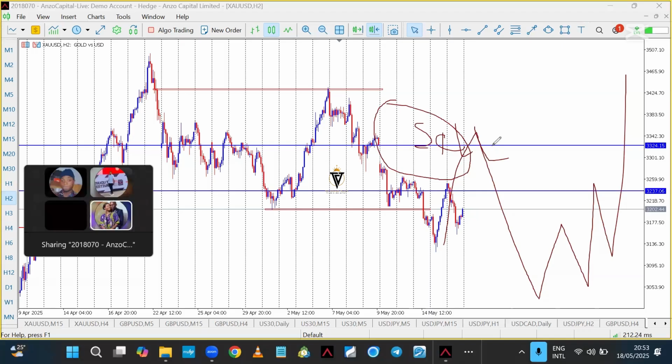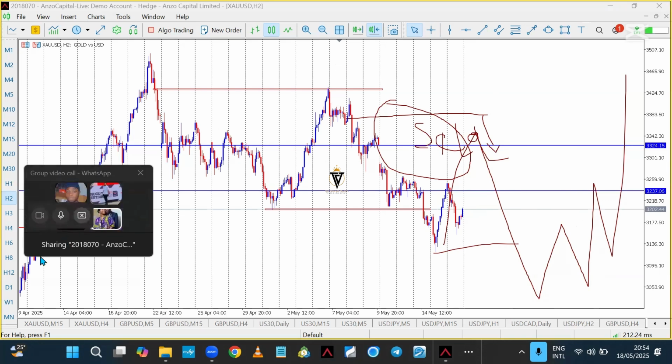And if you check closely, it coincides with a daily supply level. Okay, so I'm looking out for this to sell to the downside before it buys. And you know this, if you catch this movement from here or somewhere around here to the downside, that's a whole lot of pips.